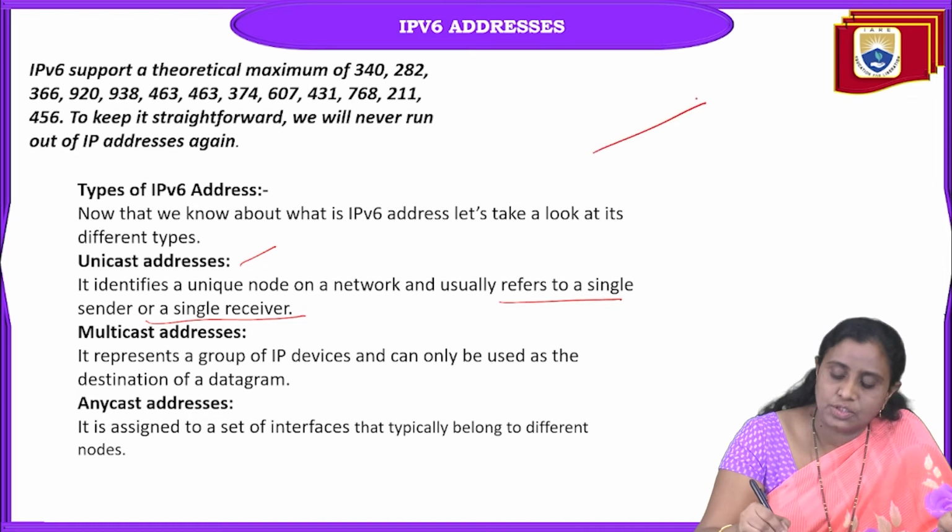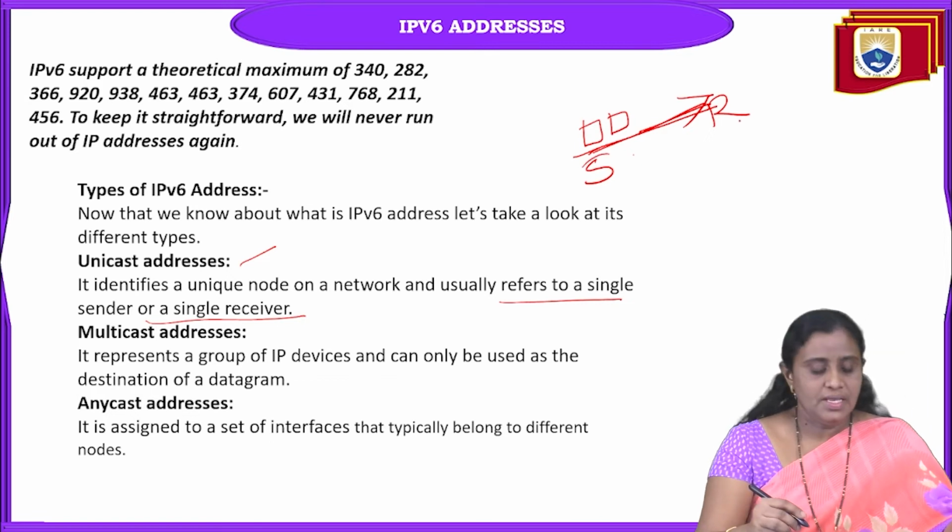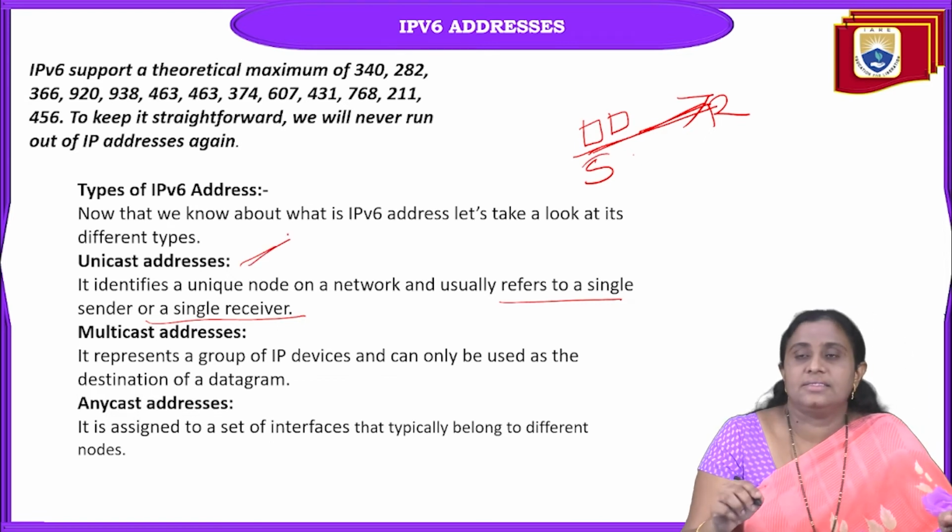That means unicast means one single sender and one single receiver. By this, the data packets travel, being forwarded or sent from one sender to another receiver. This is the unicast address.